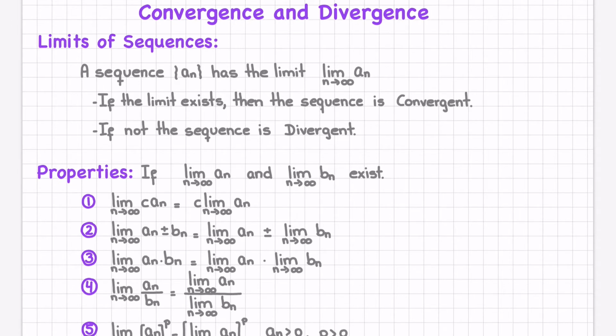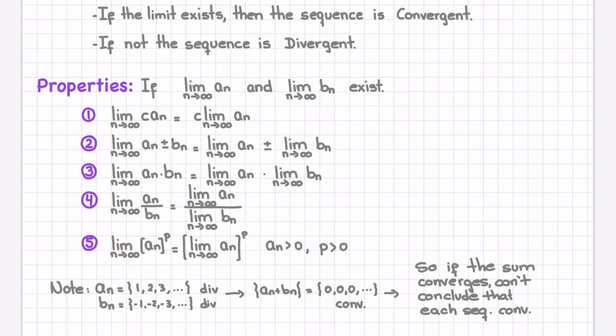If it doesn't approach a number, we say that the sequence is divergent, just like we did with improper integrals. Same concept, different but related. And you'll see later how they relate.